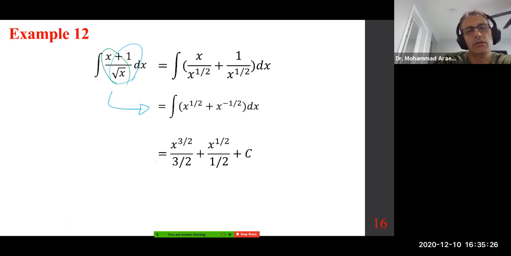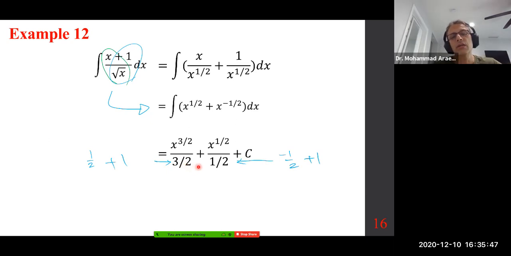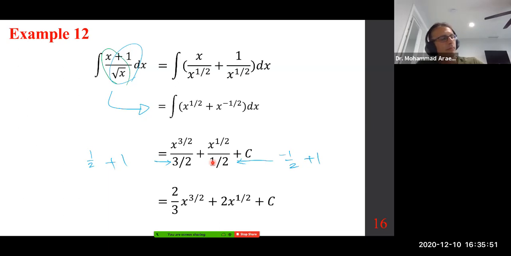So we are going to write 1/2 plus 1 for this, okay, class. And we are going to write negative 1/2 plus 1 for this. And we are practically done because when we divide by 3/2, that means multiplication by 2/3. Division by 1/2 means multiplication by 2.